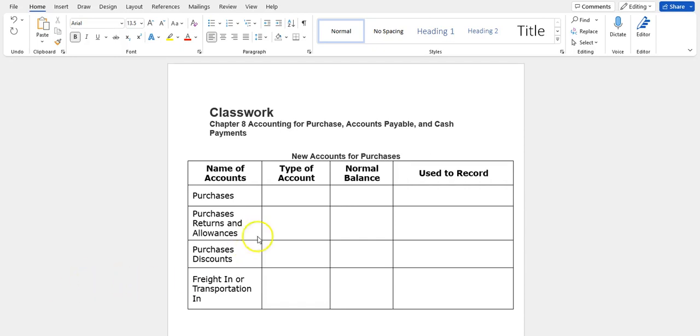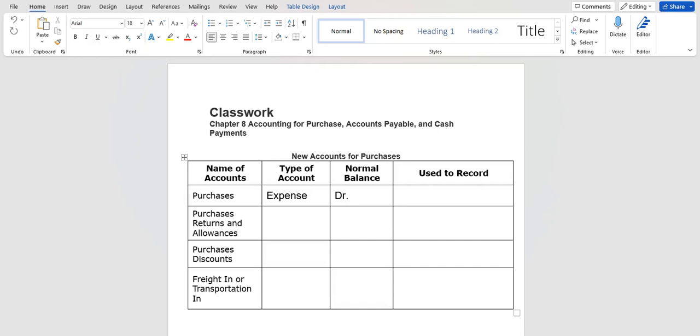All right, so first let's go through what type of accounts these are. Okay, so the type of account for a purchase account is going to be an expense account, right? So once we purchase something, then we have an expense. All right. The normal balance for an expense is a debit, right? All expenses are debited. That's how we increase them.